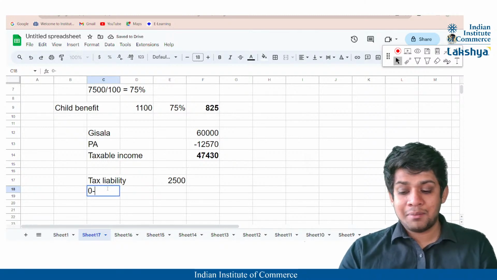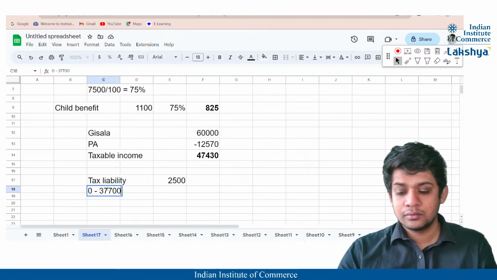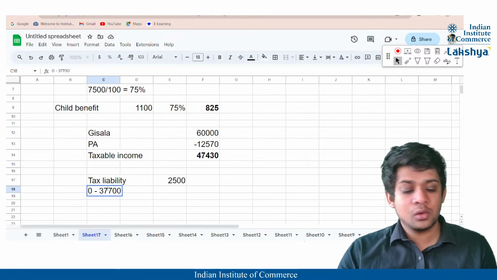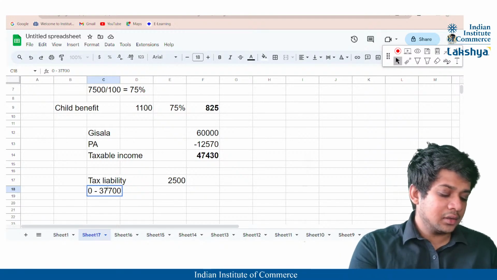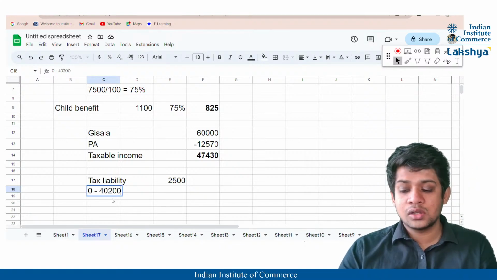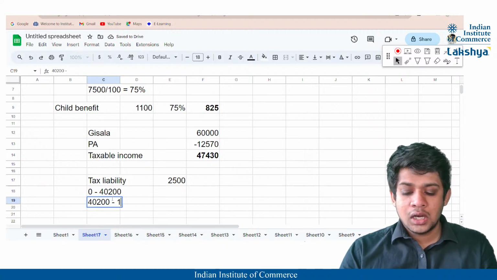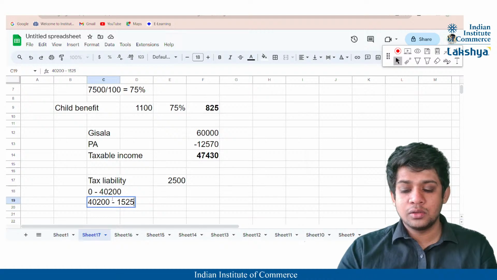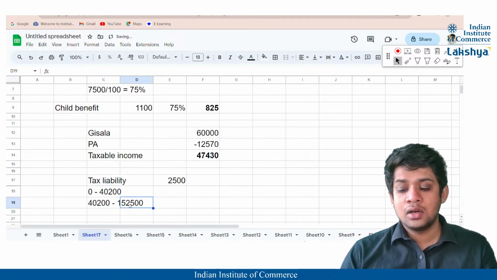My band goes from 0 to 37,700, but it will now go from 0 to 37,700 plus 2,500. So the band will be extended to 40,200, and the higher band limit will be extended from 150,000 to 152,500, because I added 2,500 there also.